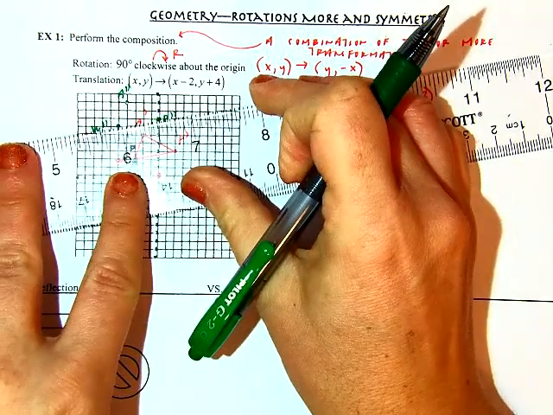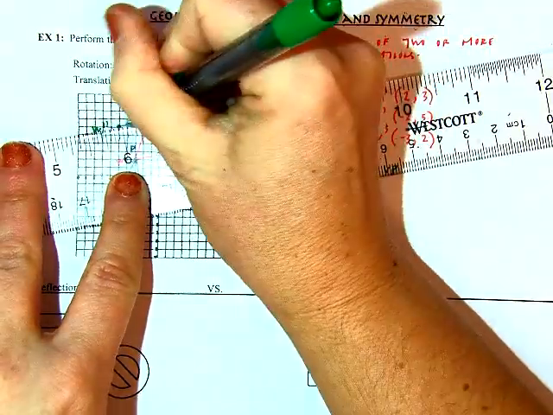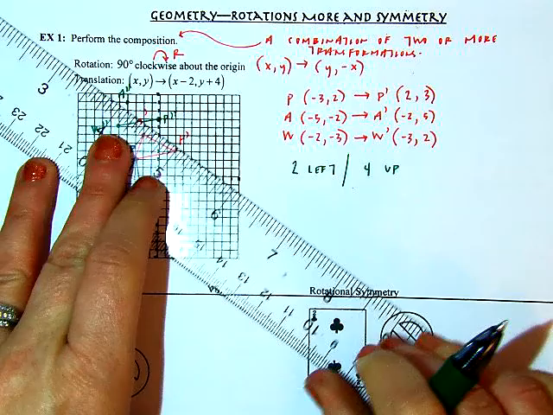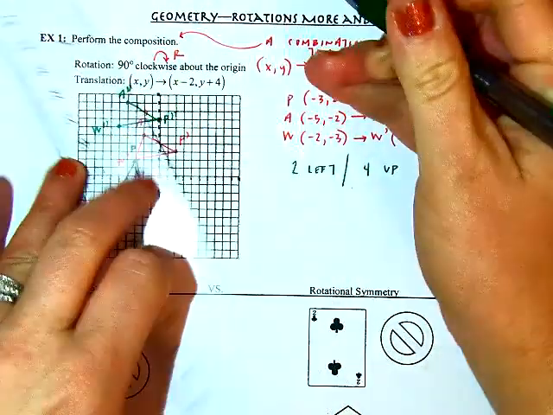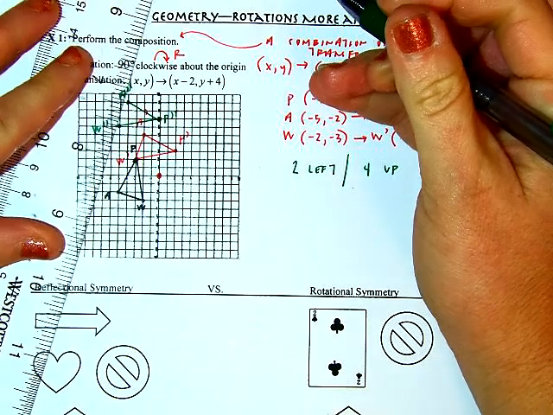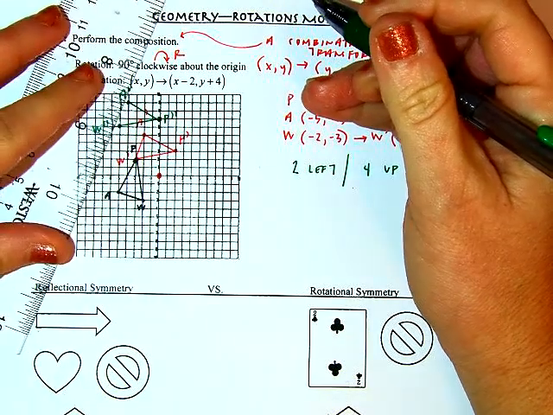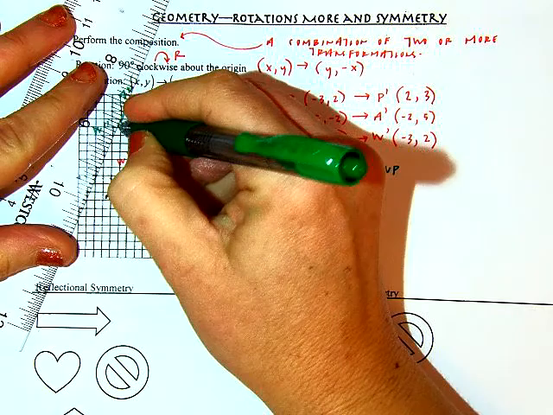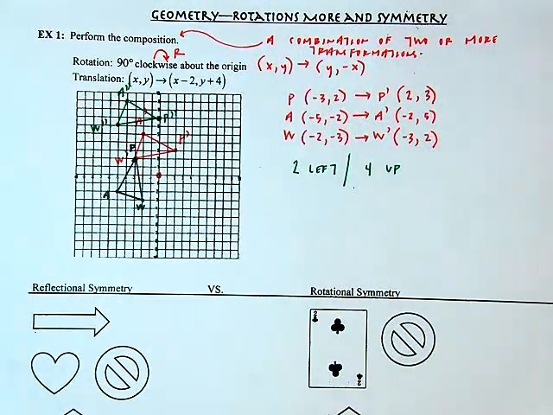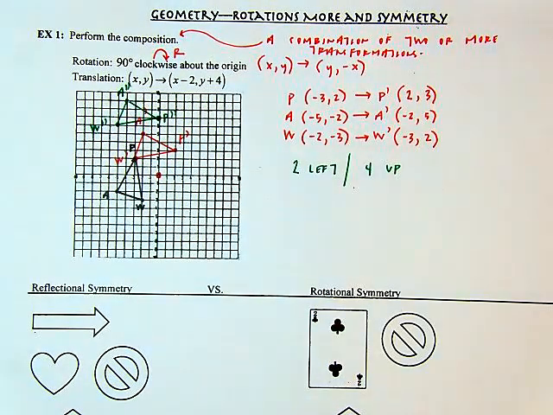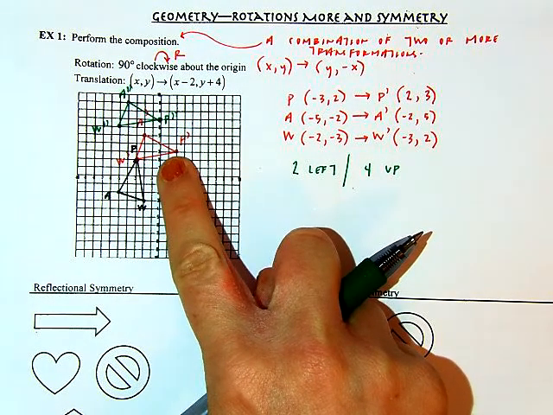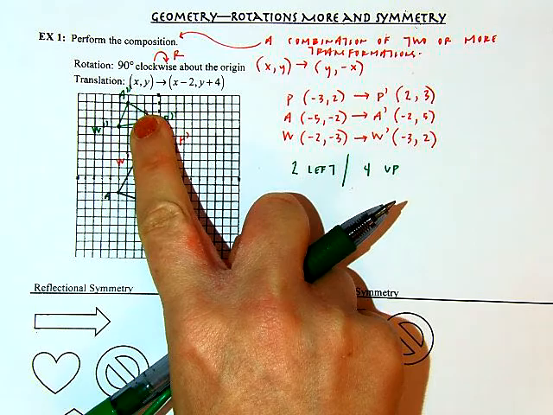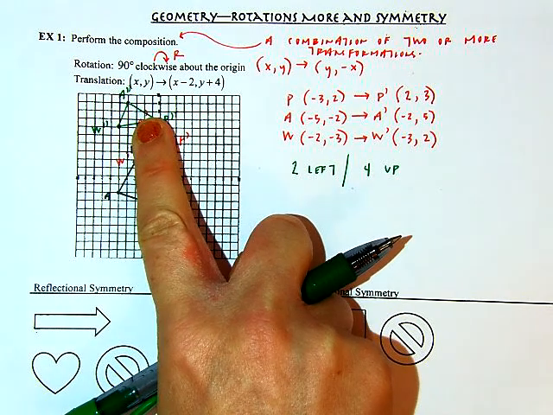Okay, connect the dots, and then here is my final image. I denote that with my double prime notation. So I'm showing here was my first stage, the rotation, and then we're sliding it into its final position, which is 2 left, 4 up.